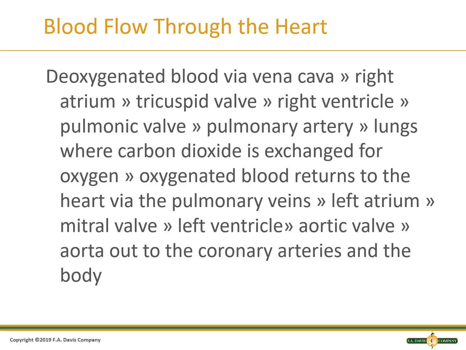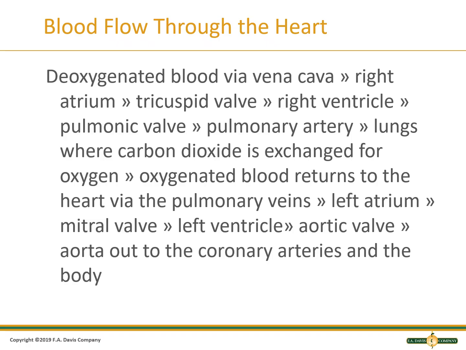From the right ventricle, ventricles always push blood away from the heart. So it is flowing through a pulmonary semilunar valve into the pulmonary artery. Okay, arteries always carry blood away from the heart. So we're leaving the right ventricle, going through the pulmonary valve into the pulmonary artery to travel to the lungs.